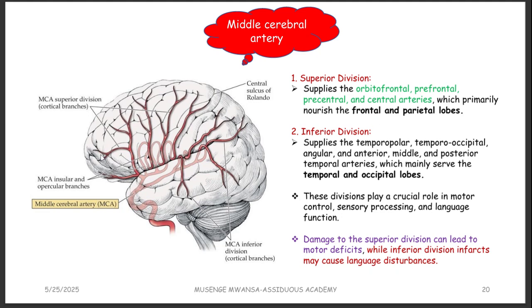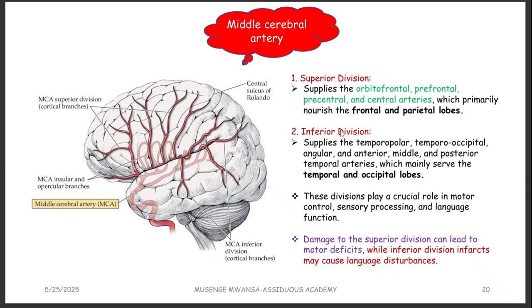Some part of the frontal lobe is actually innervated by the middle cerebral, even if others are innervated by the anterior cerebral, and also the parietal lobes. The inferior division supplies the temporal lobe, the one you can see here where your ear is, and some part of the occipital lobe, but the majority of the occipital lobe is supplied by the posterior cerebral.